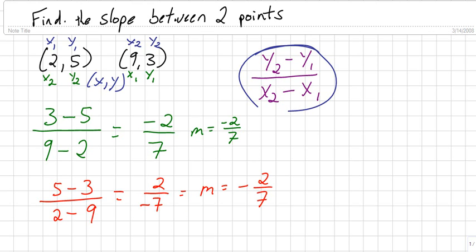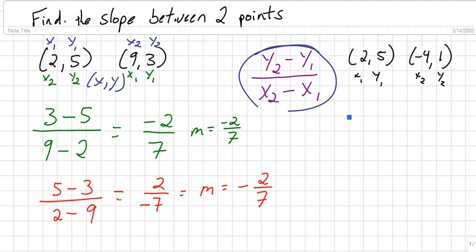Now let's say we have different coordinates. Let's use (2, 5) this time, and we have (-4, 1) as the other ordered pair. Again, this would be my x, this would be my y. So I plug these in. I'm going to call these my x2's and y2's, and I'll use these as my 1's. Again, as we showed in the example before, it really doesn't matter.